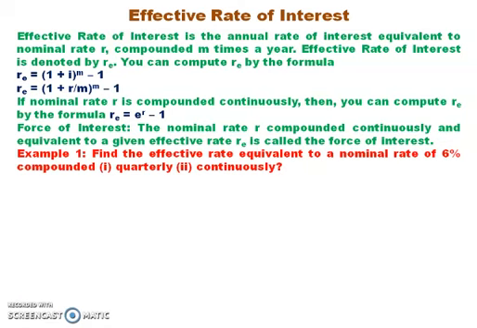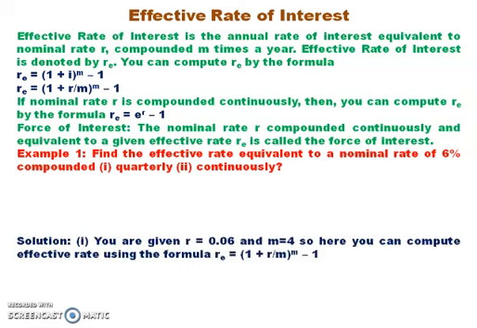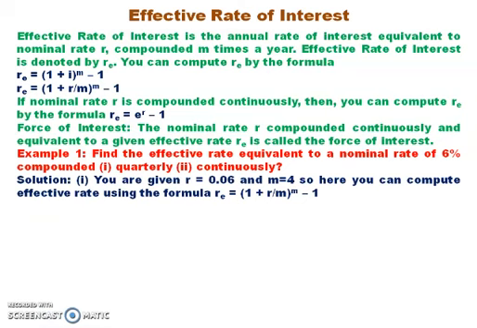Find the effective rate equivalent to a nominal rate of 6% compounded, in first part quarterly and in second part continuously. In first part, you are given R is equal to 0.06 and m is equal to 4. So you can compute effective rate using the formula RE is equal to (1 plus R upon m) raised to power m minus 1.